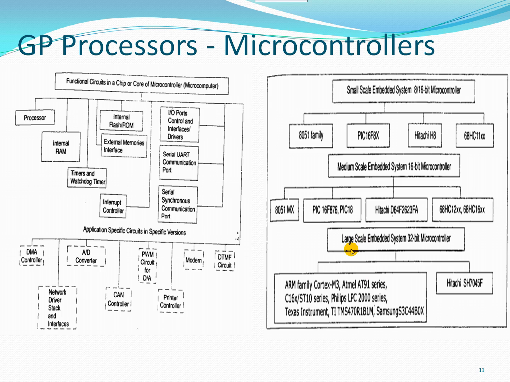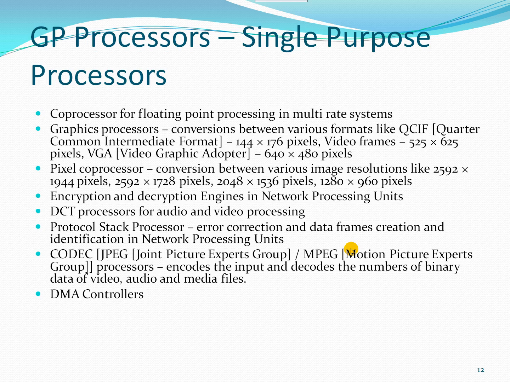So for these applications, the embedded systems are going to be large scale in nature, so we will be segregating these processors into the large scale embedded system. Mainly these processors are coming with 8 to 32-bit versions.